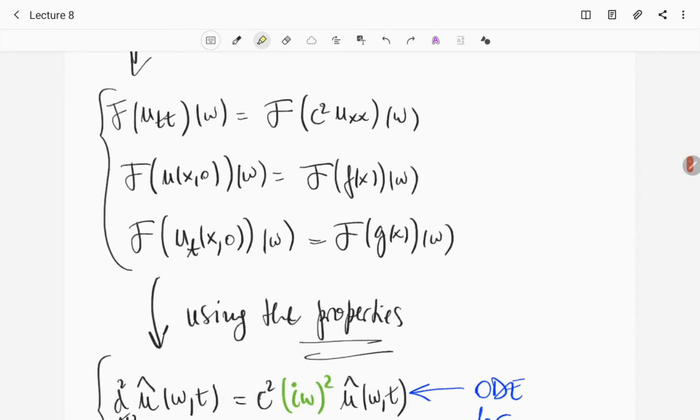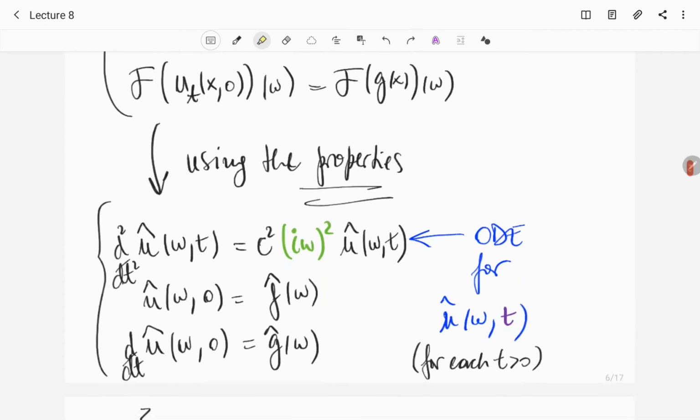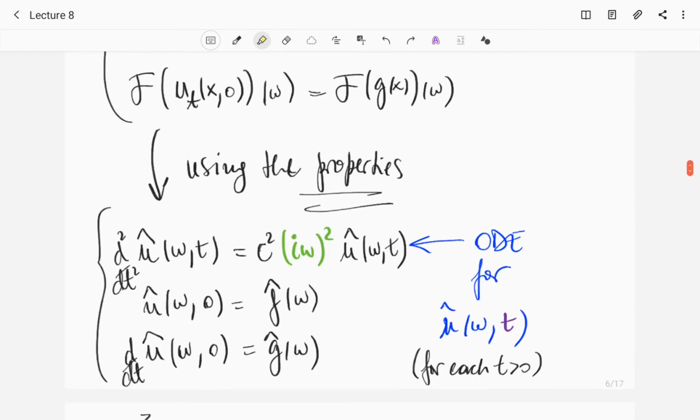So what we have in the first line is, using these properties, the second derivative in t appears here, and we have the Fourier transform of u. And these are the linearity to put this c squared out, and then how the Fourier transform is affected when we differentiate the function.